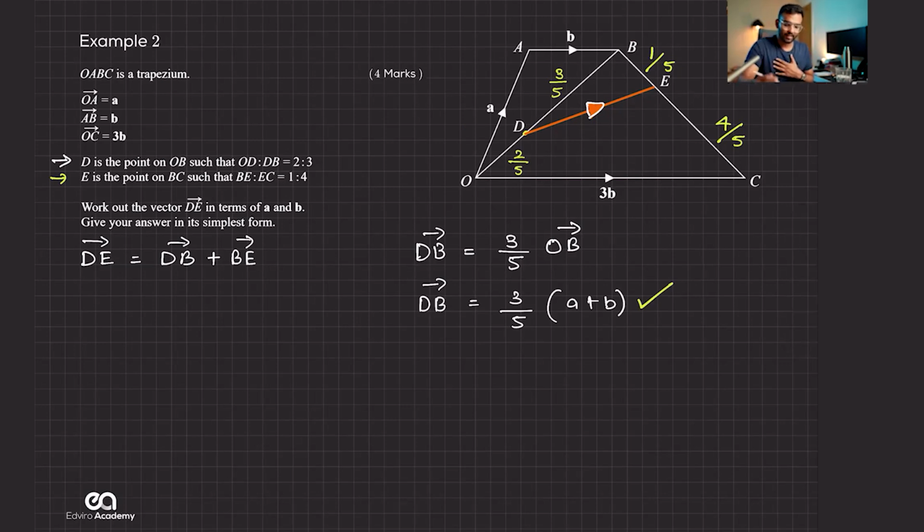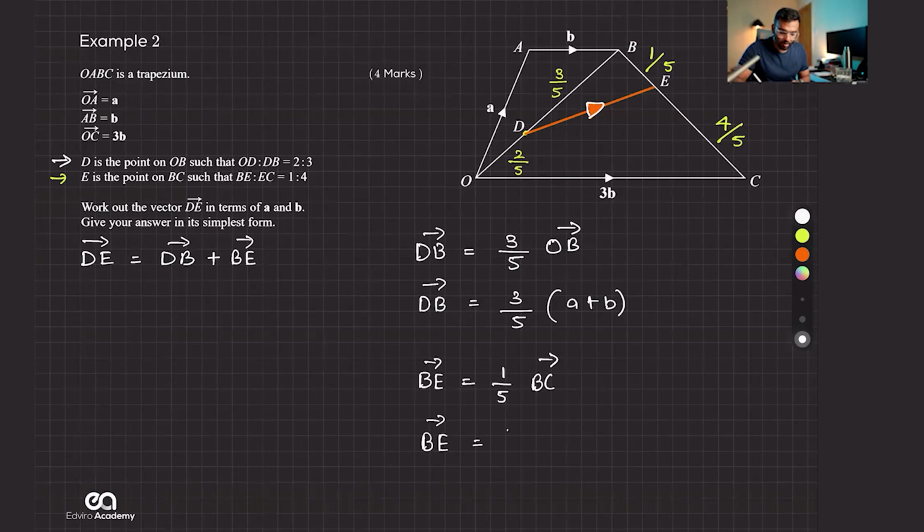Okay, fine. Now we've got to find BE. Just tell me, how would you find BE, guys? BE is 1 by 5th of BC, right? I would like to write it like that. So BE is equal to 1 by 5th of BC. And you can always work out BC in your head.